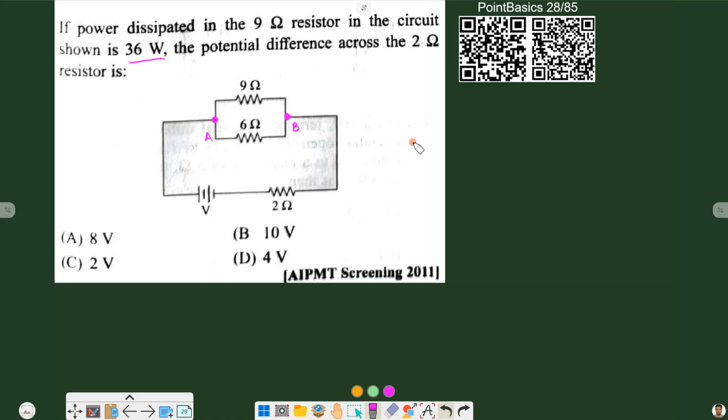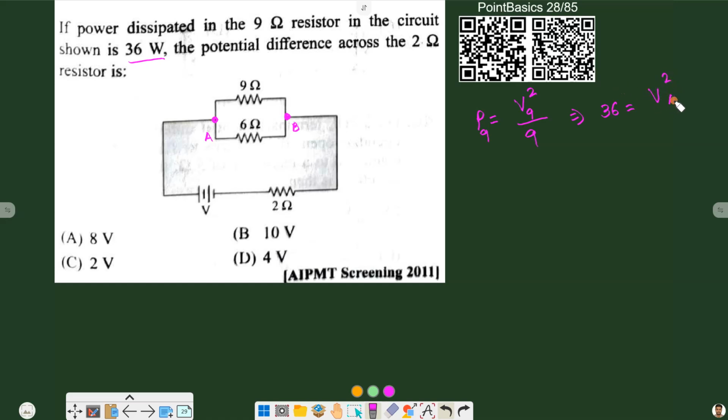Now let's use the formula for power dissipation. As both are in parallel, again the potential will be the same, and the formula for power across 9 ohm will be potential across 9 ohm squared divided by its resistance, that is 9. Now the power consumed by the 9 ohm resistance is 36, and the potential across 9 ohm is VAB.